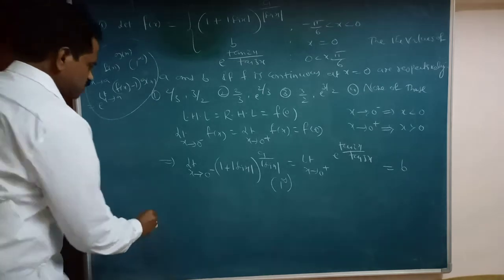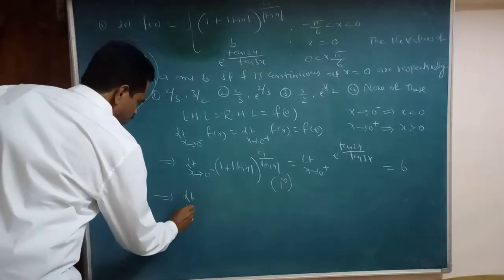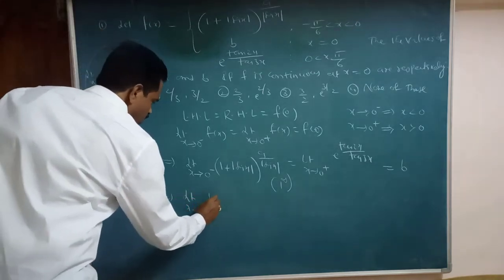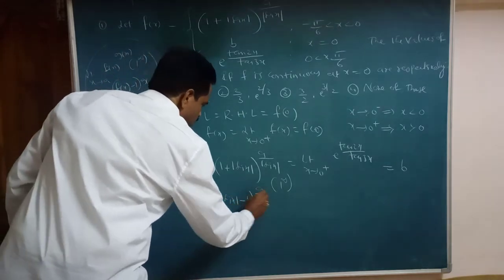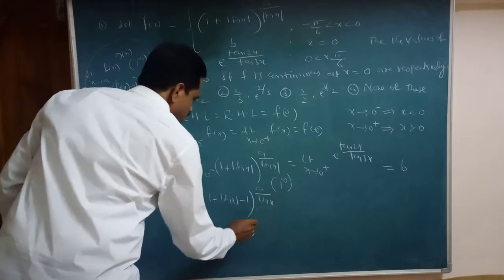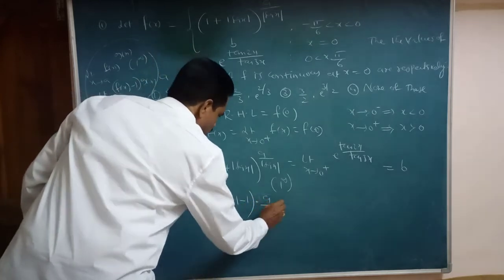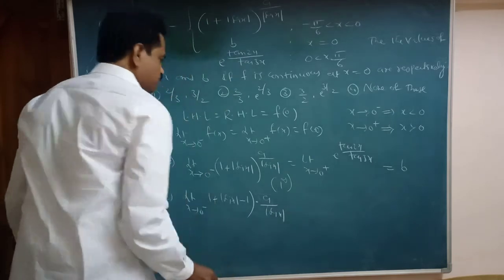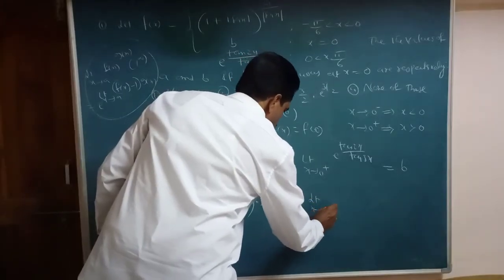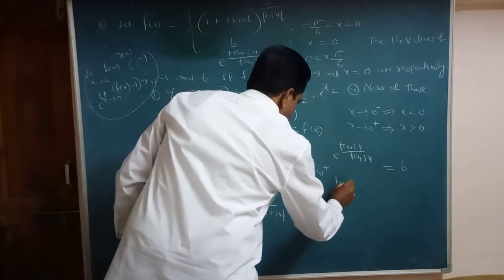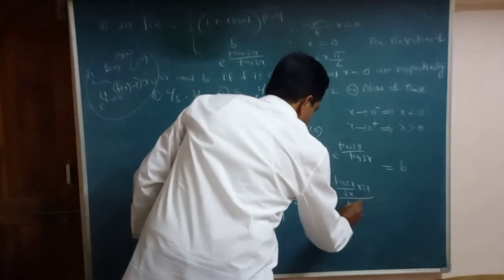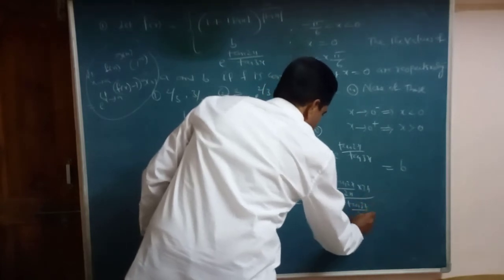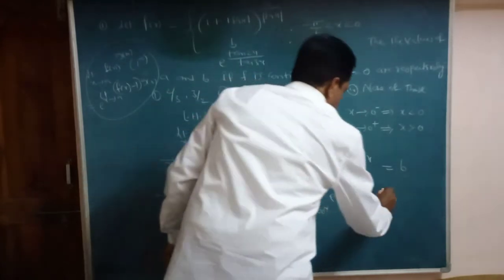So by this we can write limit x tends to 0 minus of (1 plus mod sin x minus 1) into a by mod sin x, equal to, on the right side, limit x tends to 0 plus, e power tan 2x multiplying and dividing with 2x, and tan 3x multiplying and dividing with 3x, equal to b.